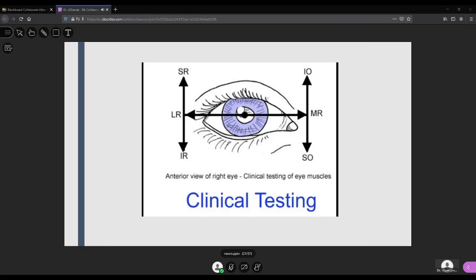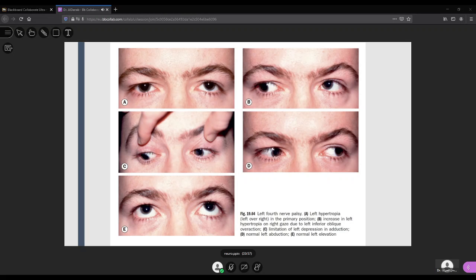This is it. Now عندنا normal left abduction، ما لها علاقة. الابدكشن is okay. Normal elevation again is fine، لأن كل شيء مسؤول عن elevation will be complete or fine.